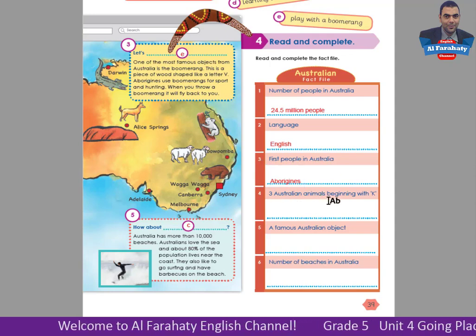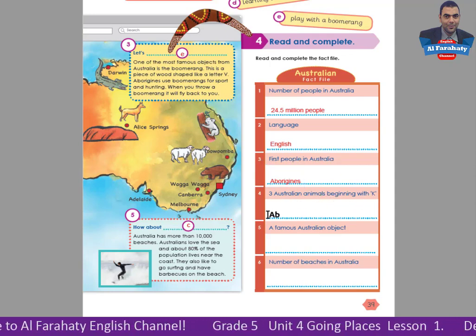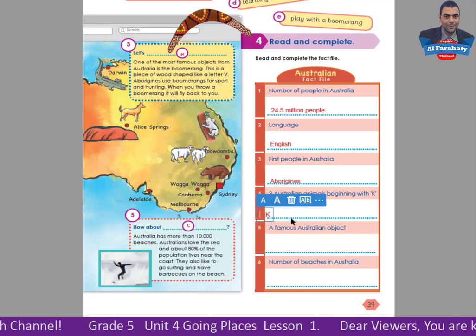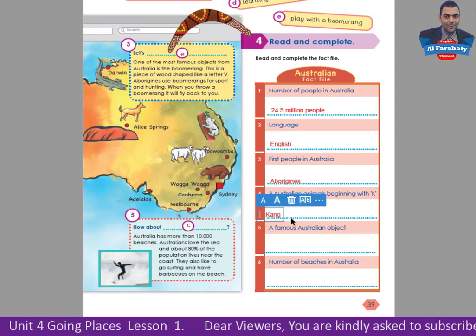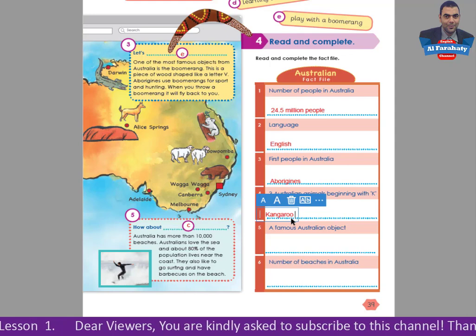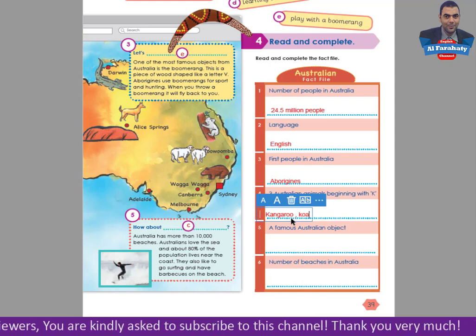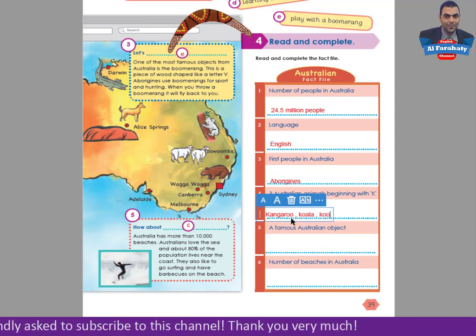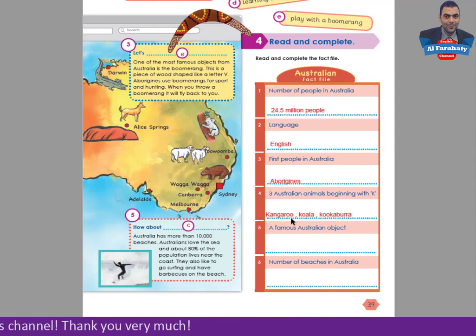Three Australian animals beginning with K. Yes. Kangaroo. Yes. And kookaburra. A famous Australian object. Yes, excellent. If you remember, a piece of wood shaped like a letter V. Boomerang.